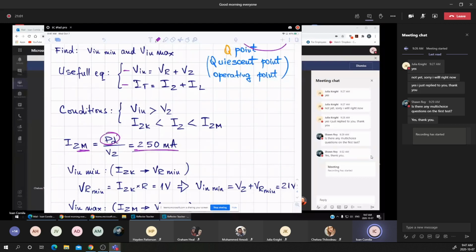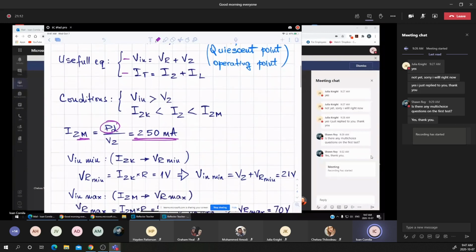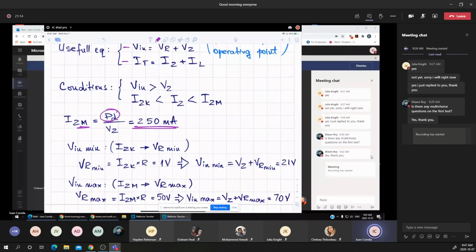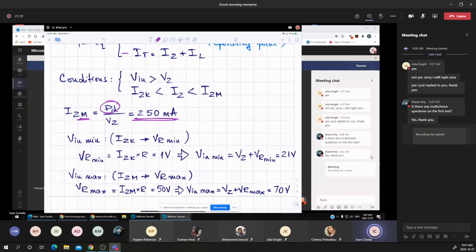It makes 250 milliamps, meaning I'll take this maximum current I_Z max to determine the minimum and the maximum voltage applied to the circuit. First of all, we have to look at the diagram and find what the minimum voltage is. That means I have to use the minimum current to determine the minimum voltage drop across the resistance.